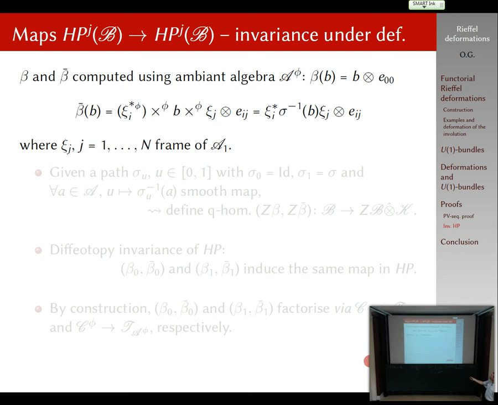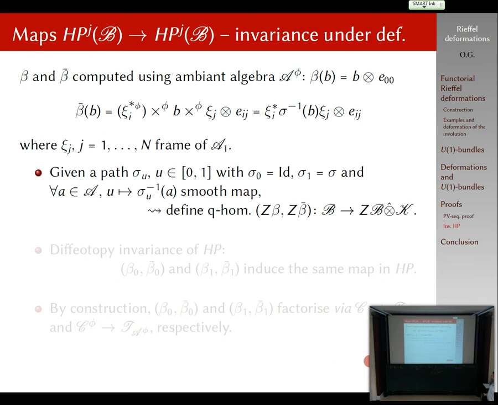And so when you do the computation explicitly in A5 and come back to the undeformed product, you obtain this expression. So this expression is somehow very similar to what you would expect from the Pimsner-Voiculescu exact sequence in the setting of Cuntz-Pimsner algebras. Okay, and the Xi-J's are the frames.